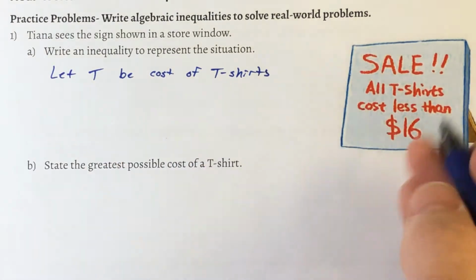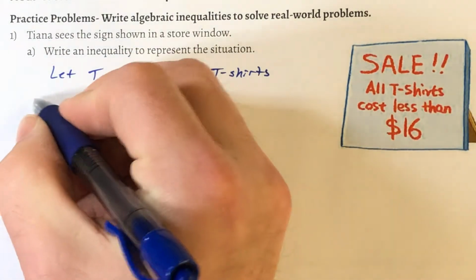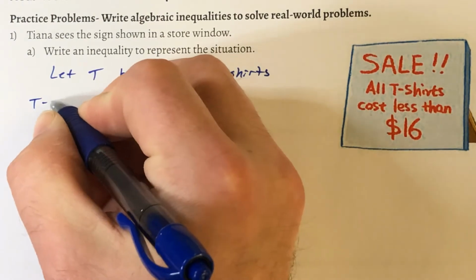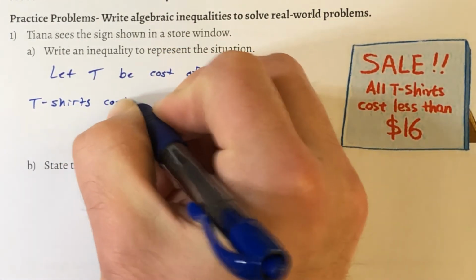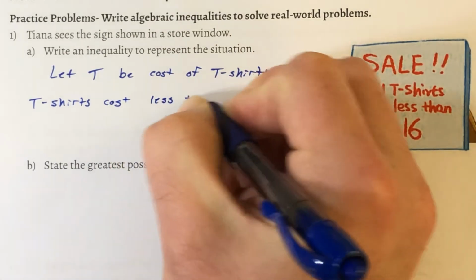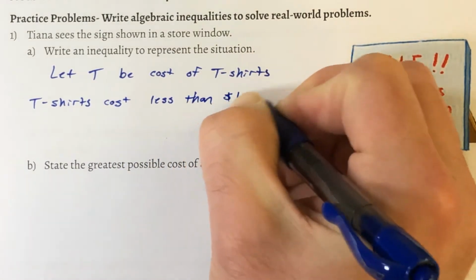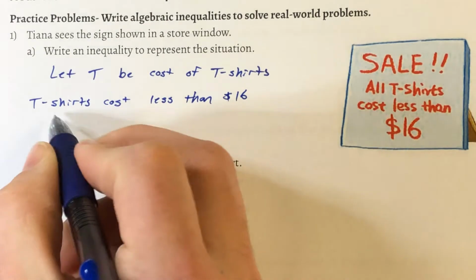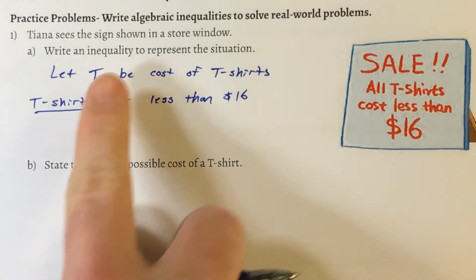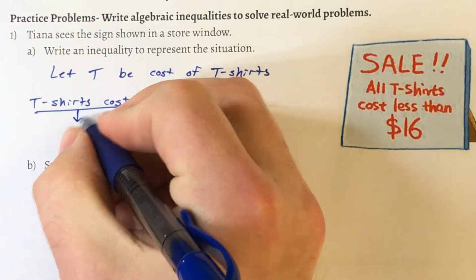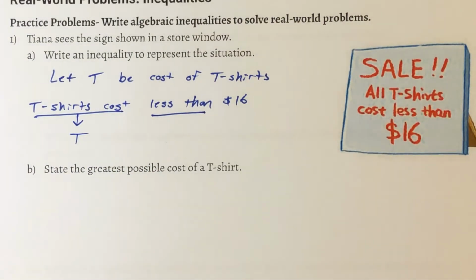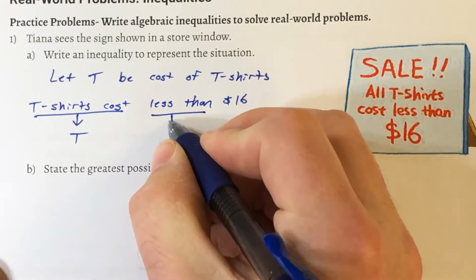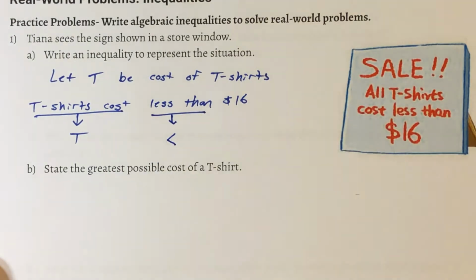So let's think about what I want. I want to know the cost of the t-shirts. So the t-shirts cost less than $16. The t-shirts cost, we said, is going to be capital T. Less than is very straightforward, so we're going to use the less than symbol, of course.